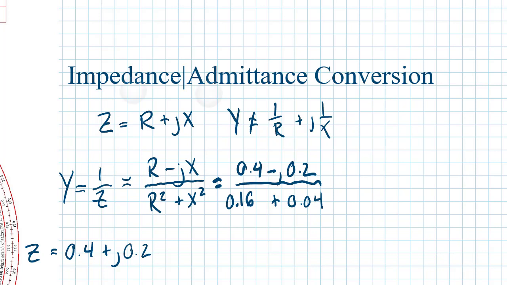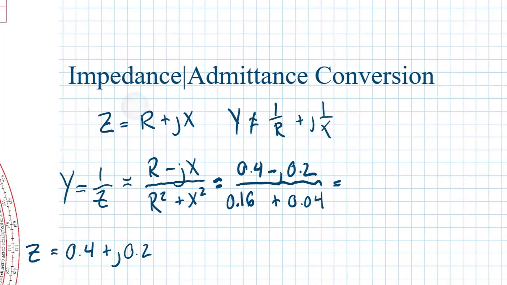These end up being 0.2. So we get 2 minus j1.